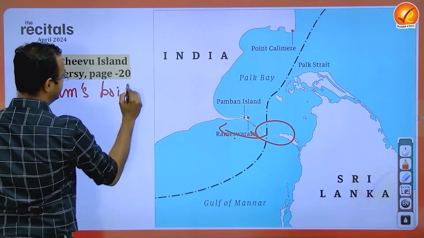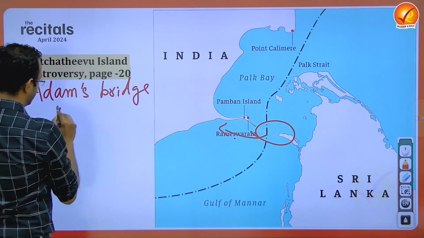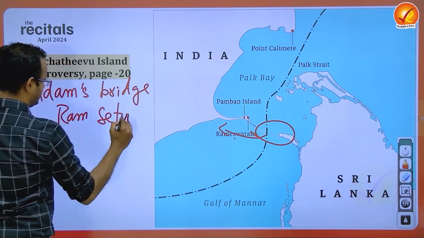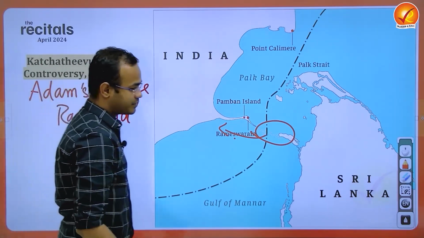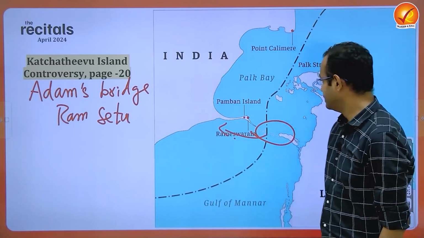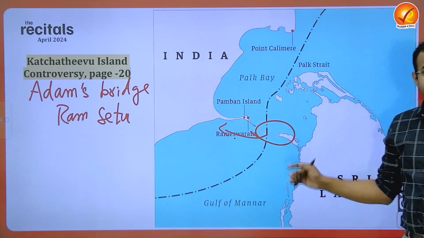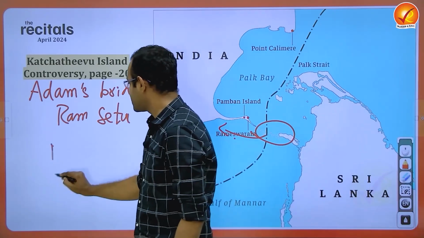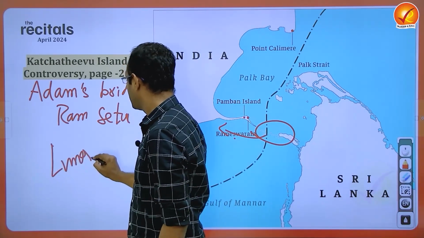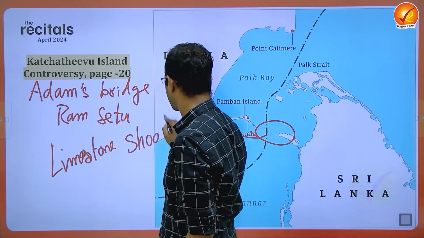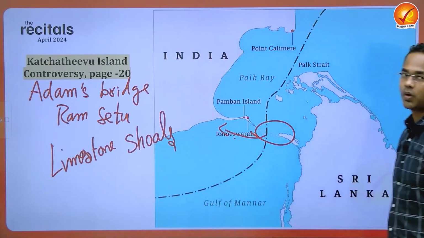The next one, we'll take Adams Bridge, also called Ram Setu, which is a chain of limestone shoals.